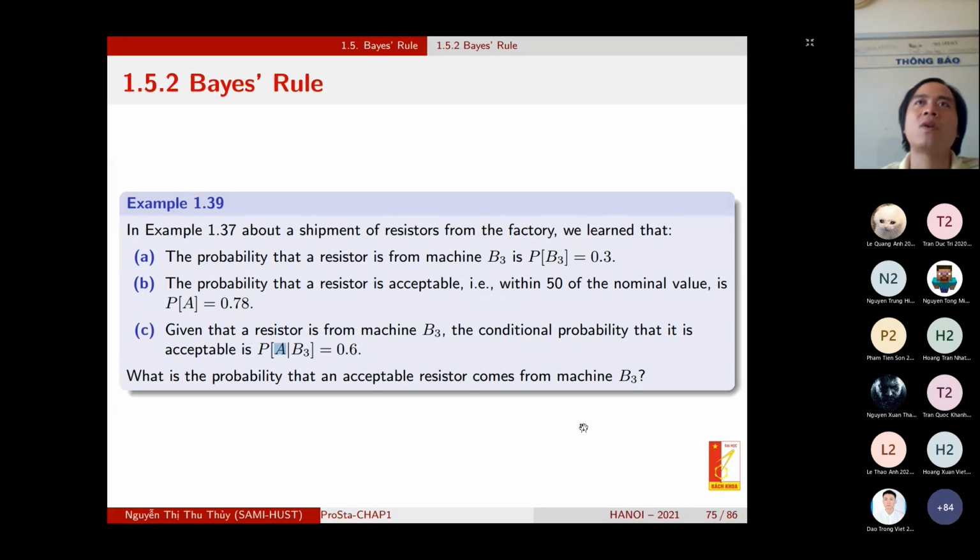For example, one man takes one resistor from the bin and says it passed the test. You don't know the mark. You don't know if it is made from machine 1 or 2 or 3. So now he asks, what is the probability that this acceptable resistor comes from machine 3? And of course he can ask what is the probability that it is made from machine 2, or machine 1 also. He can ask any of those probabilities.